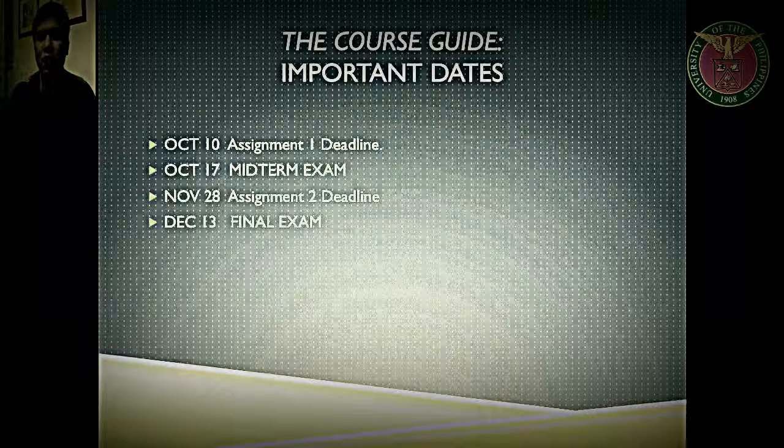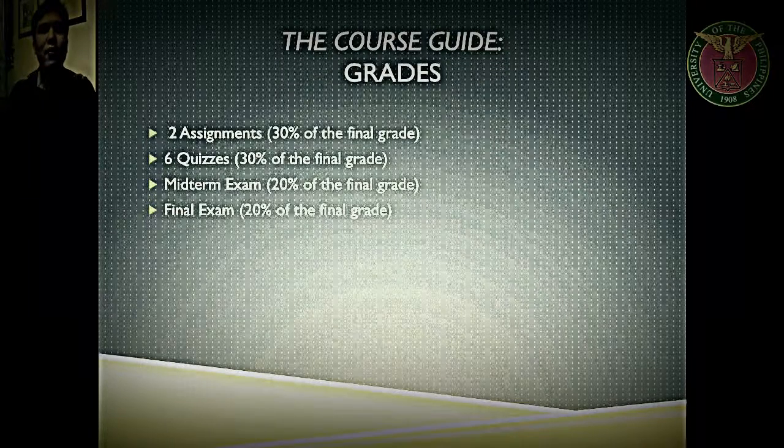So I'll just be updating you on that. The next date would be October 17, which is the date of your midterm exam. The next one is November 28th, which is the deadline of your second assignment. And finally, December 13 will be the date of your final exam. So remember these four important dates.